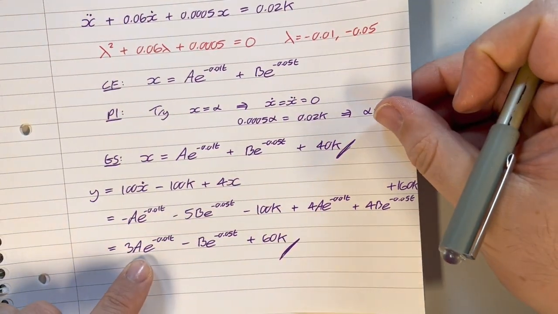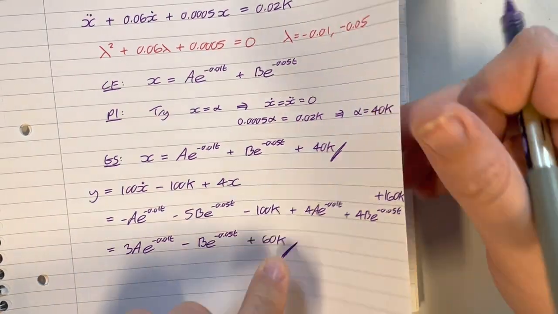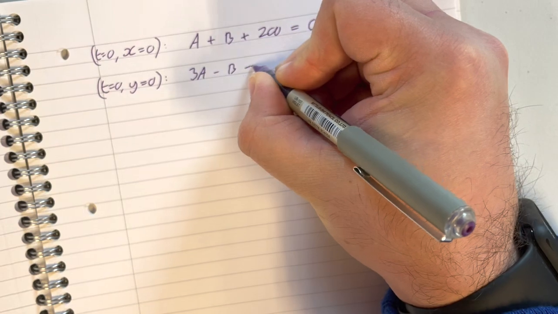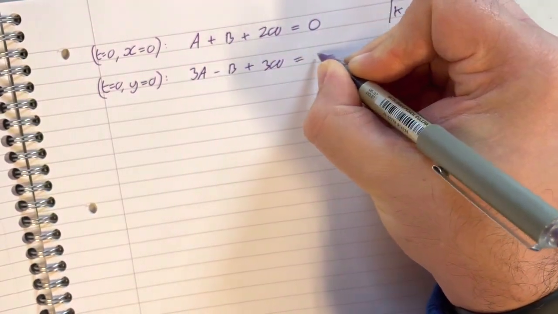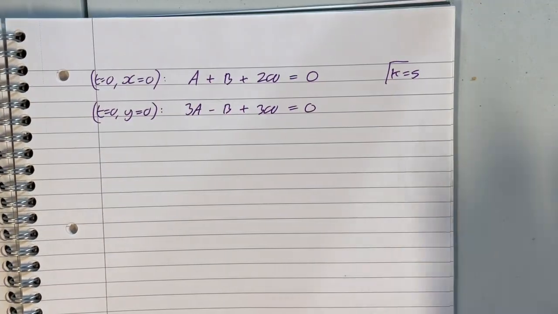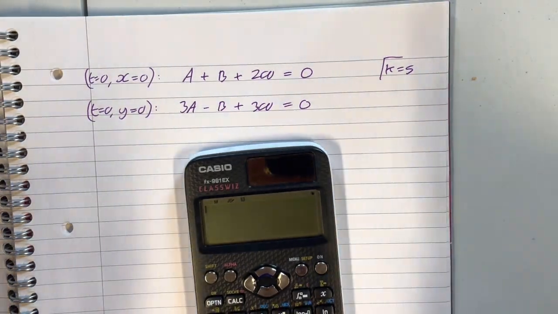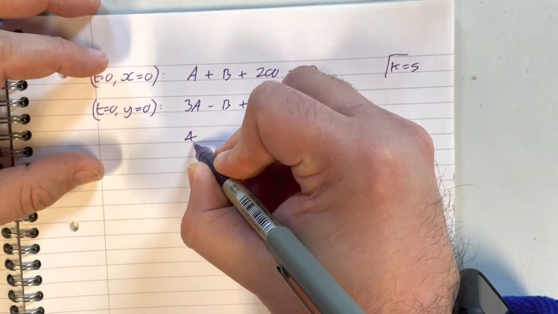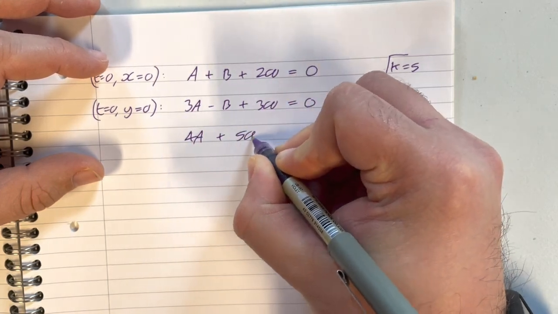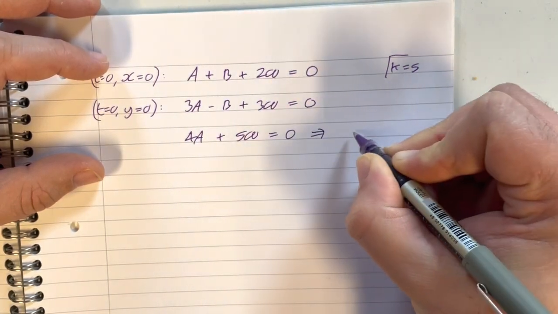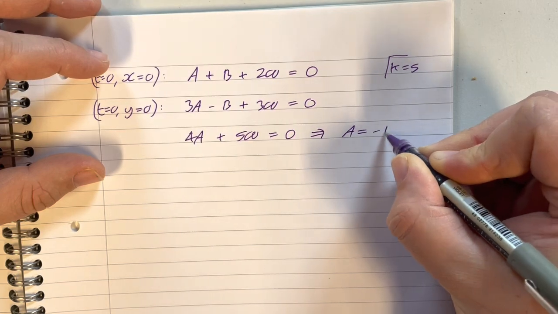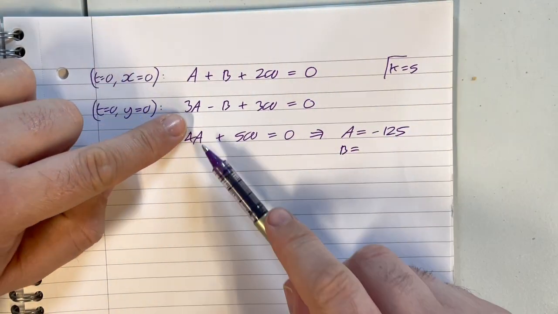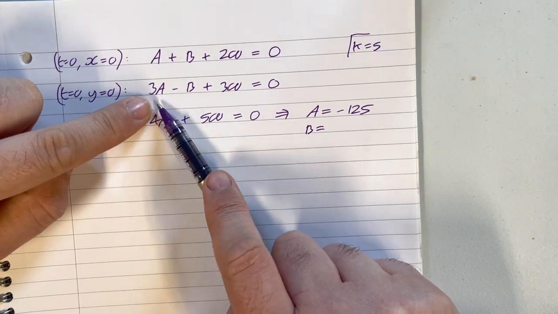So if we look here, we're going to get 3a minus b plus 300 equals 0. Okay, so that's again a pair of simultaneous equations. In fact, let's just add them together. We're going to get 4a plus 500 equals 0. So that tells me that a is minus 125. And that tells me that b is 75.